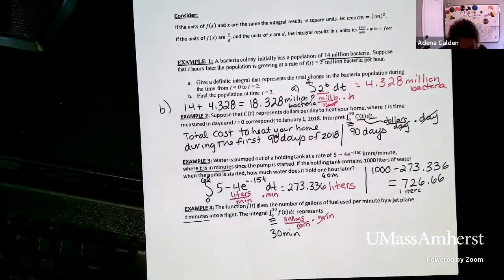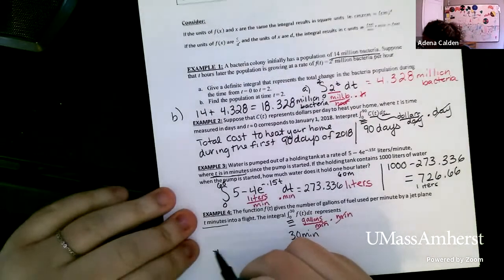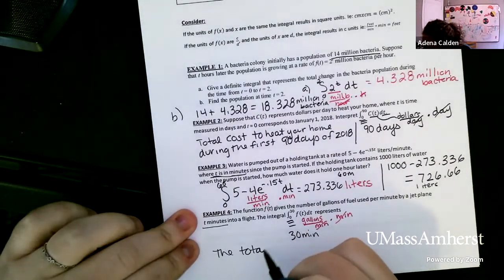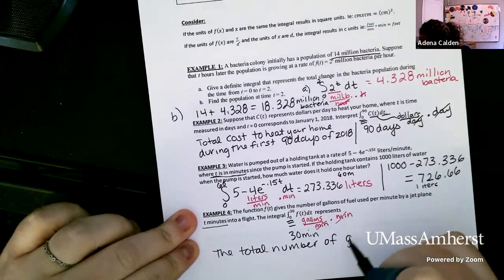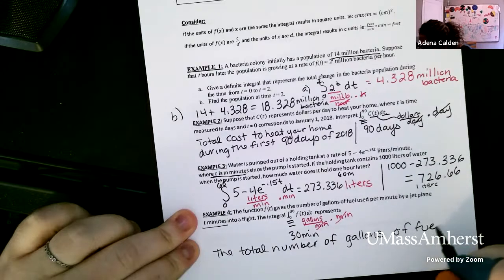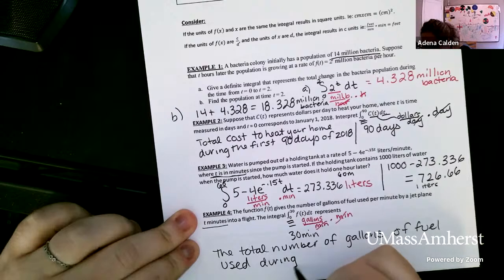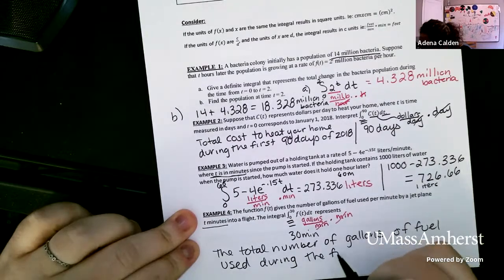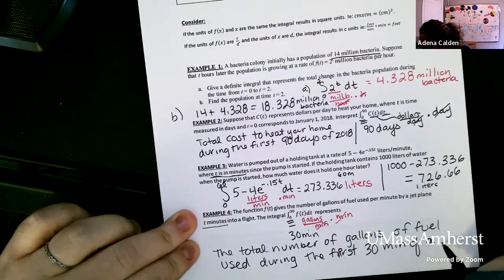So gallons of fuel. So a sentence that we could write would be something like, the total number of gallons of fuel used during the first 30 minutes of a jet flight, something like that.